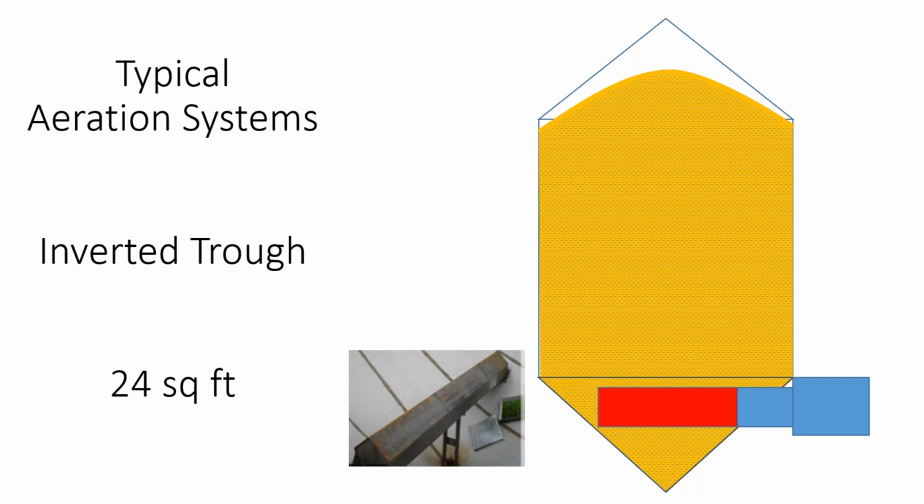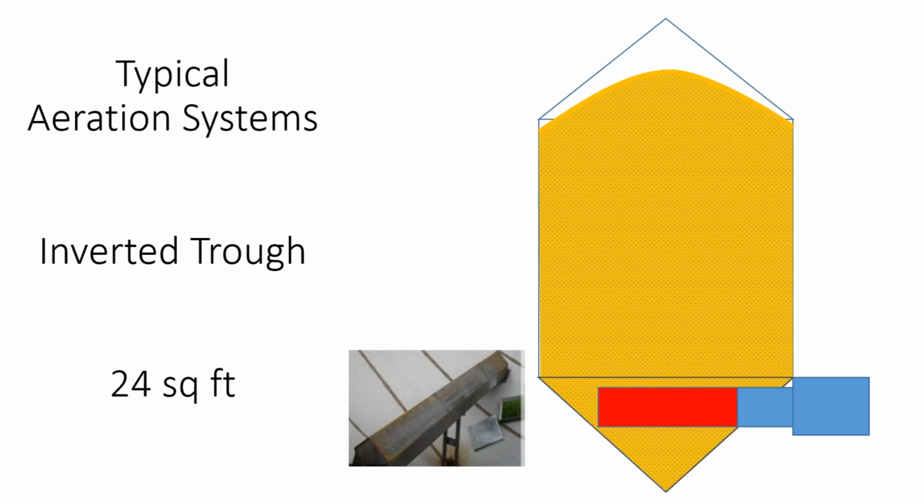Now, once grain fills that bottom, it acts as if it is louvered, and you will get significant pressure drop because ultimately it has to flow through that grain. Now, the trough itself isn't giving the pressure drop, but it's more so the reduced area and the higher velocity at which the air has to enter the grain mass.